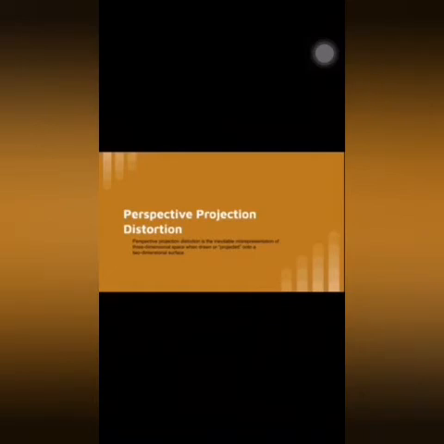However, there are several constructs available that allow for seemingly accurate representation. The most common of these is perspective projection. Perspective projection can be used to mirror how the eye sees by making use of one or more vanishing points. So, that's what perspective projection is all about.